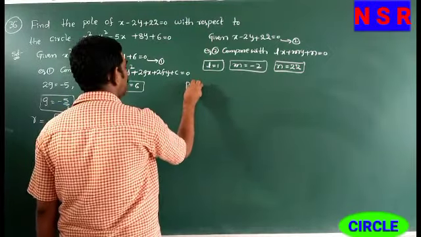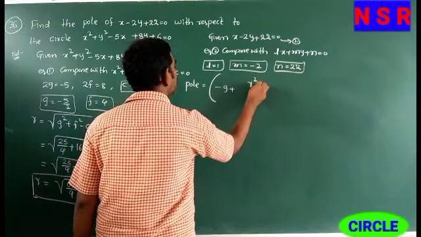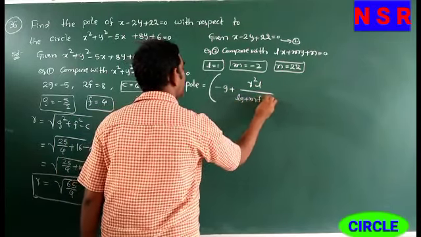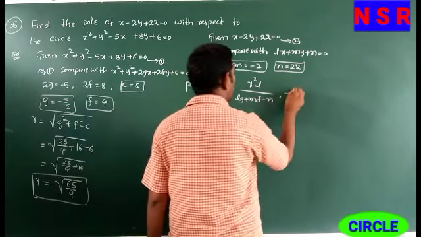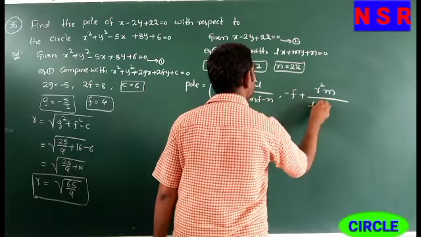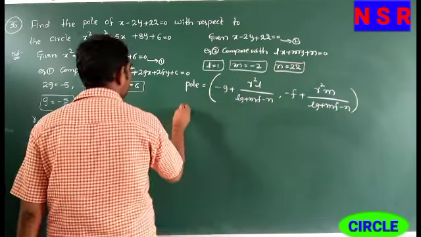Now find the pole: minus g plus r square L by Lg plus mf minus n, comma minus f plus r square m by Lg plus mf minus n. So substitute the values.